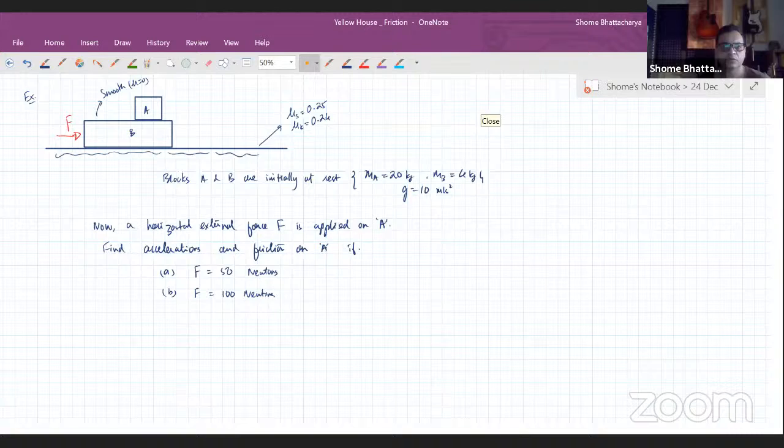Yes, Prince, you have to work out this example now. In fact, do one thing, increase this to 55 newtons.